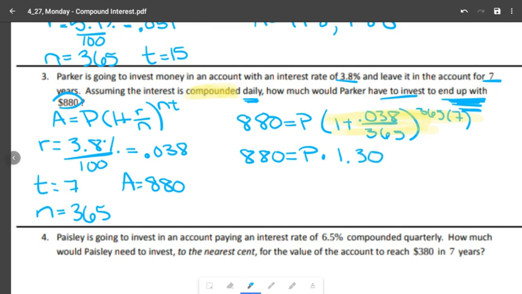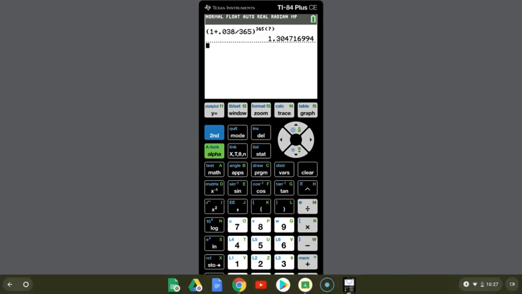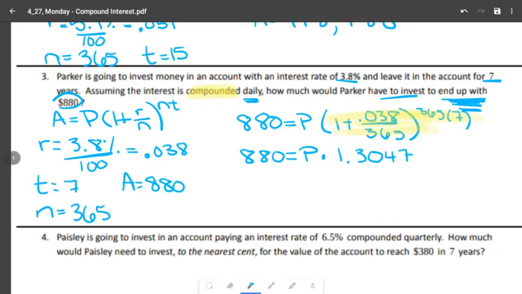So 1.304716994. Now, P is multiplying with this number, so we are going to divide this number to the other side.